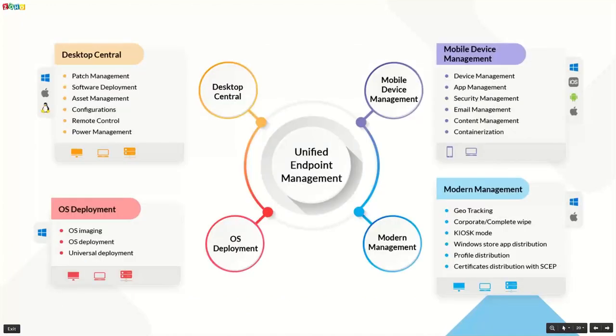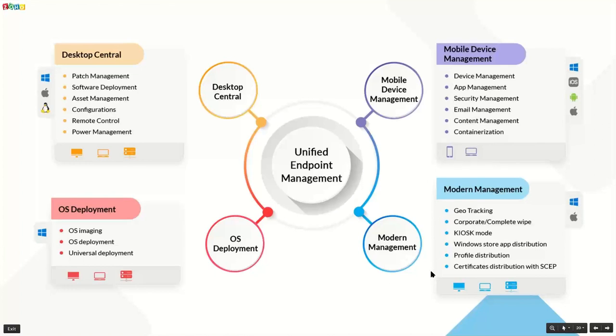And these are the features that you can leverage when you are using Desktop Central as a unified endpoint management solution. We have patch management, which takes care of operating system and third-party application patching. We have application management, asset management, and configurations. You can manage other functions, including mobile device management for iOS, Android, Windows, and Chromebooks.